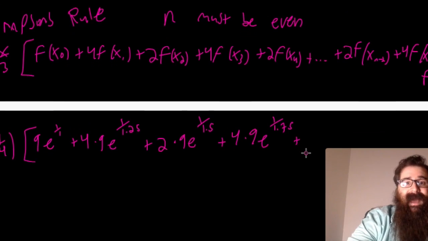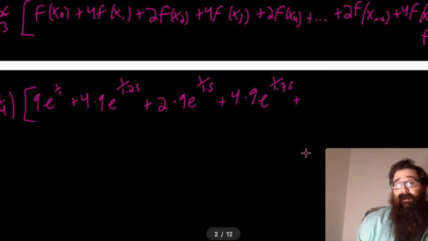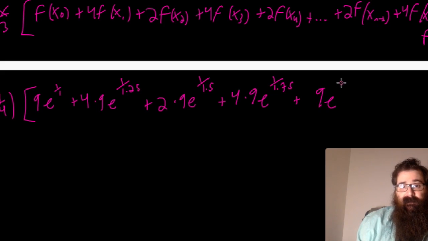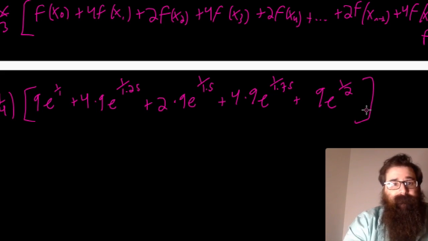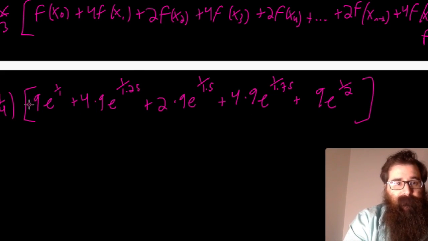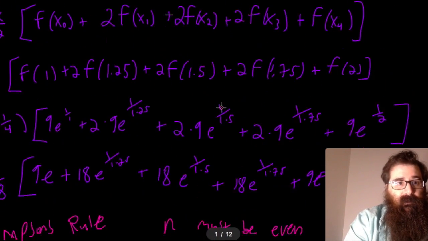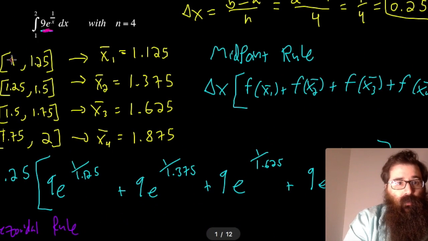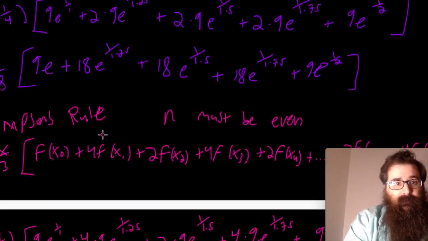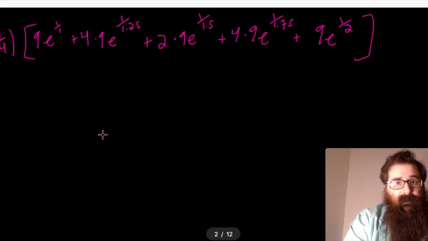And then we get to the end, which is plugging in 2, and we have no coefficient, so that's just the function, which was 9e to the 1 over 2. So we do have these 9s that came from the function, but otherwise we have coefficients 1, 4, 2, 4, 1. That's the crazy alternating pattern that we get.